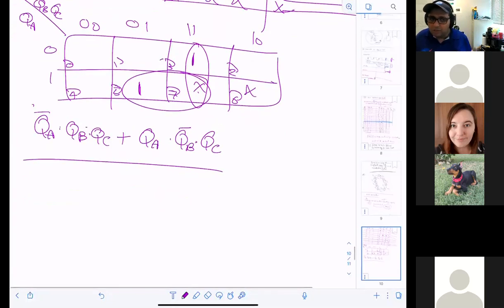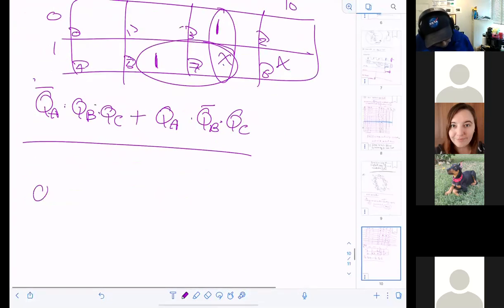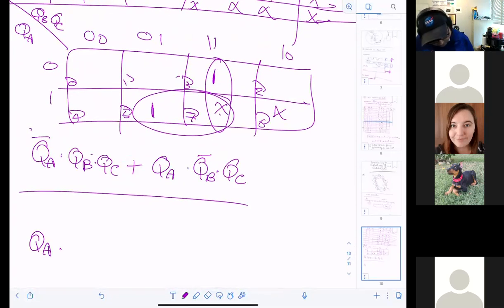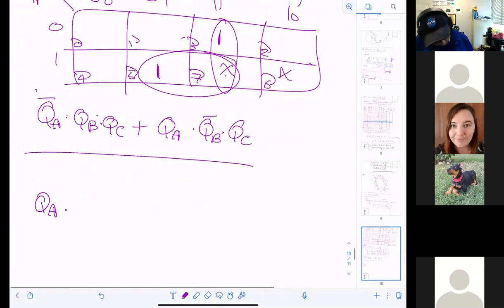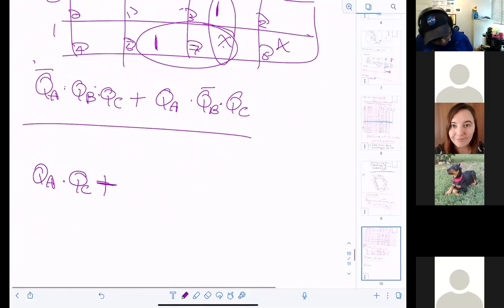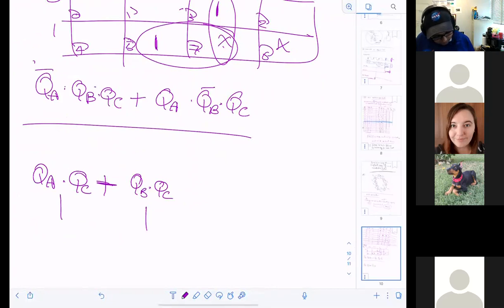Let's see the appreciation now. Basically this is going to be QA with QC, ORed with QB QC. How many gates? 1, 2, 3.